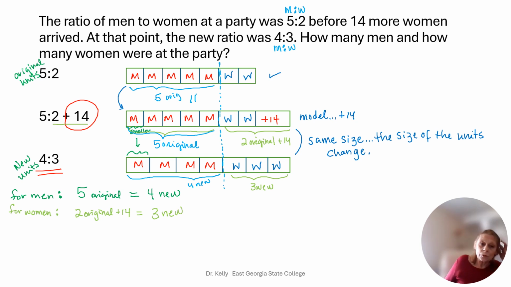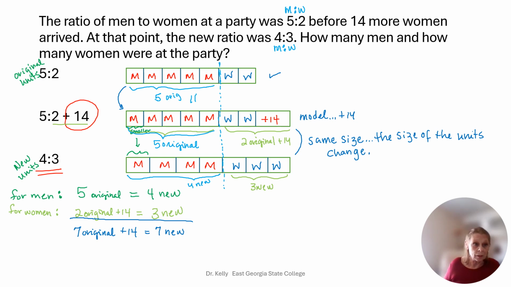Now, we're going to use kind of an algebra trick. The algebra trick is we're just going to add these together and see what happens. So we get 7 original, because we can only add like things, plus this 14 is equal to 7 news. Oh, well, that's good. That seems like we could bring that down to the simplest form.